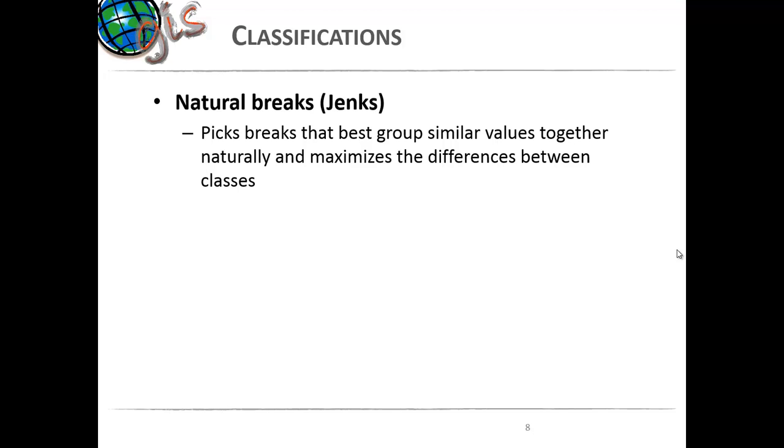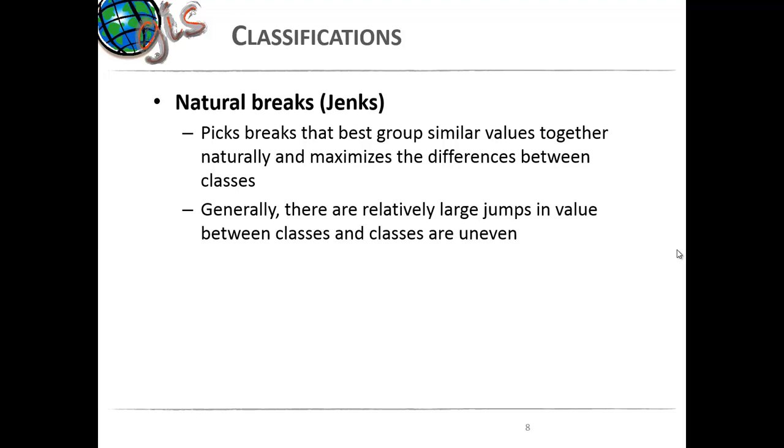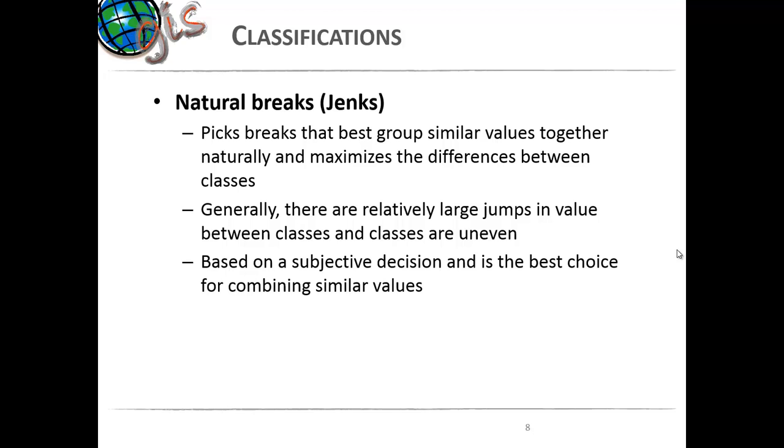This is sort of the best classification system there is within GIS. It naturally breaks all the data into groups in a way that maximizes the differences between the classes. Usually there are large jumps in values between these classes, and these classes are usually uneven.